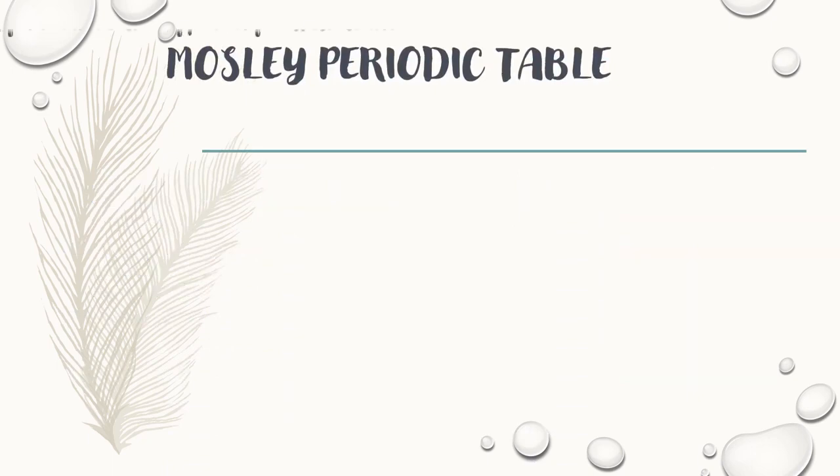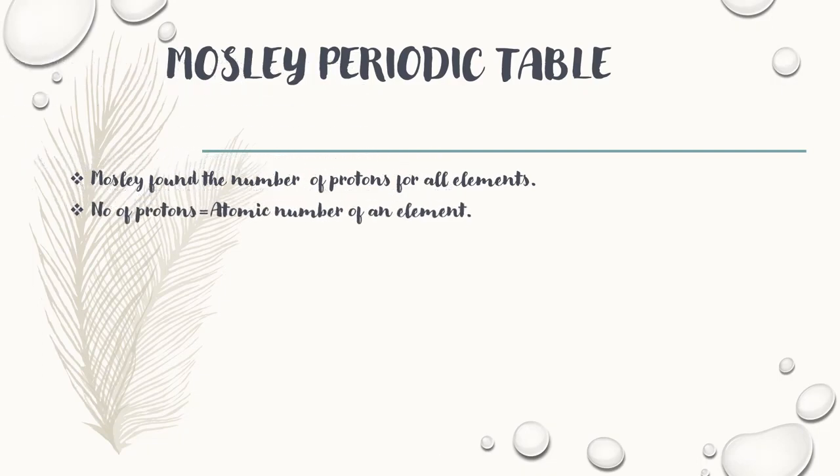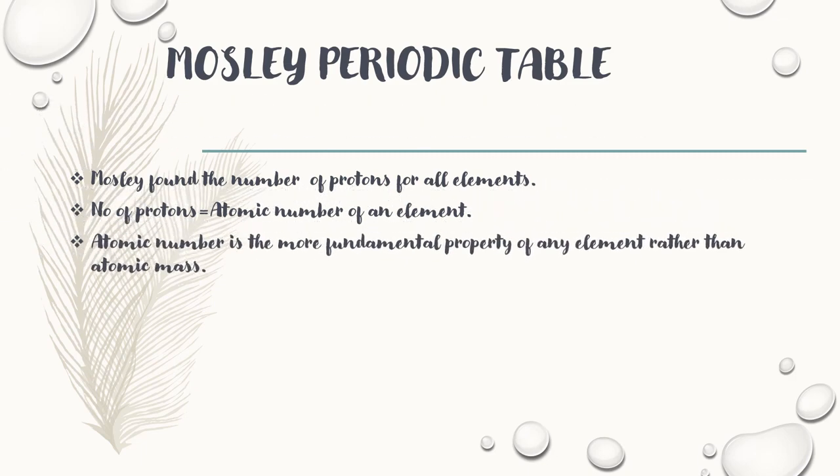Moseley periodic table. Moseley found the number of protons for all elements. He thought that the number of protons is equal to the atomic number of the element. Atomic number is a more fundamental property of any element rather than atomic mass. Atomic number was the basis of the modern periodic table.